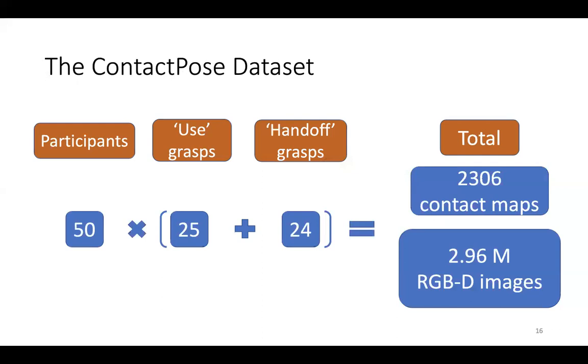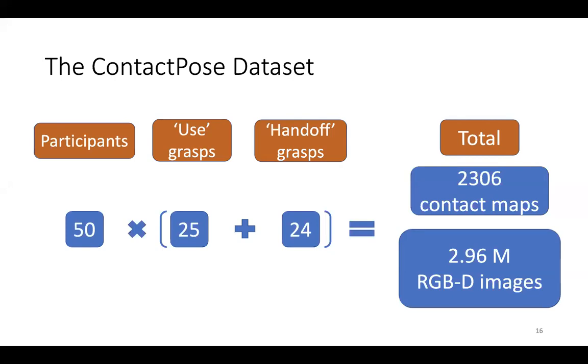Just some quantification of how much data we have here. We have 50 participants grasping this set of 25 household objects.